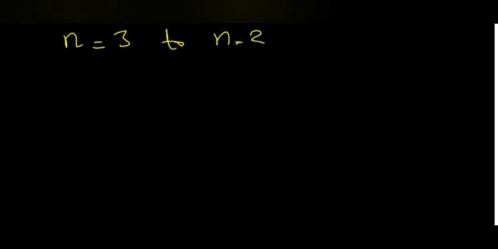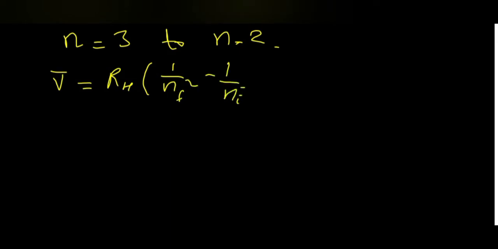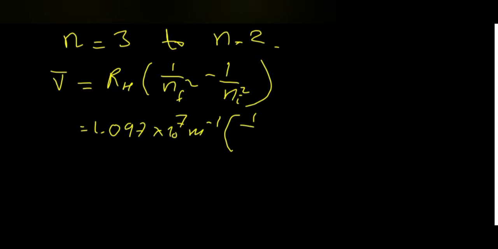We know that wave number is given by RH times 1 over n final squared minus 1 over n initial squared. RH, the Rydberg constant, is 1.097 times 10 to the power 7 per meter, and the final is 2, so 2 squared, minus the initial, which is 3, so 3 squared.